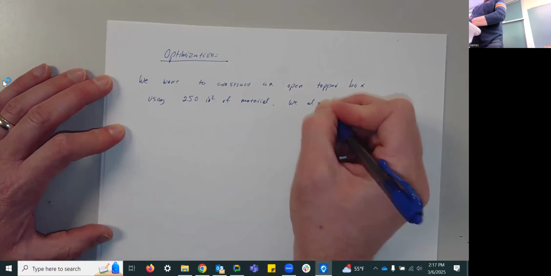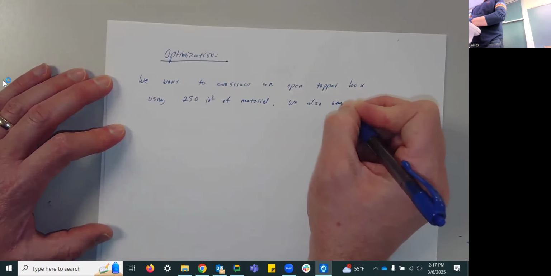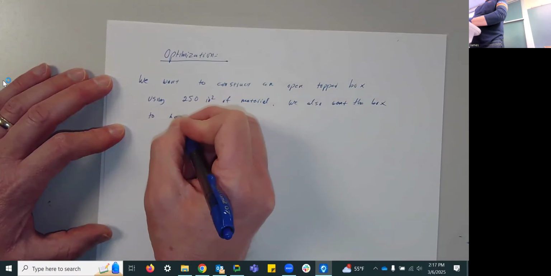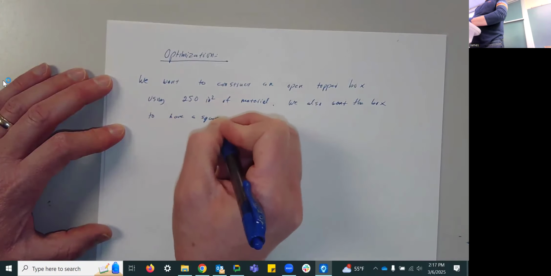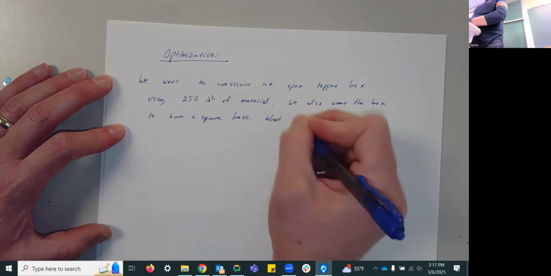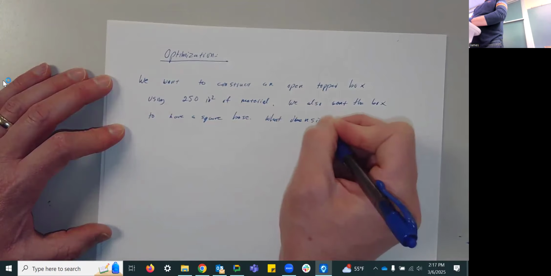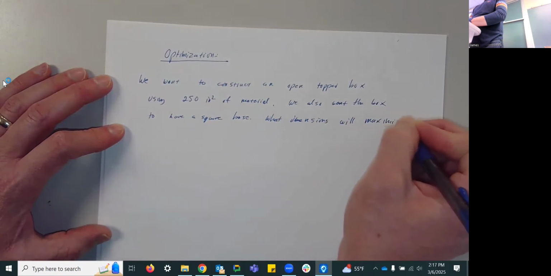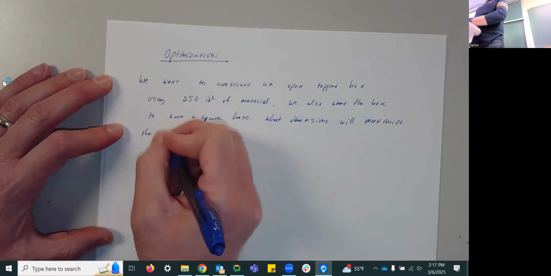We also want the box to have a square base. What dimensions of the box will maximize the volume that it holds?